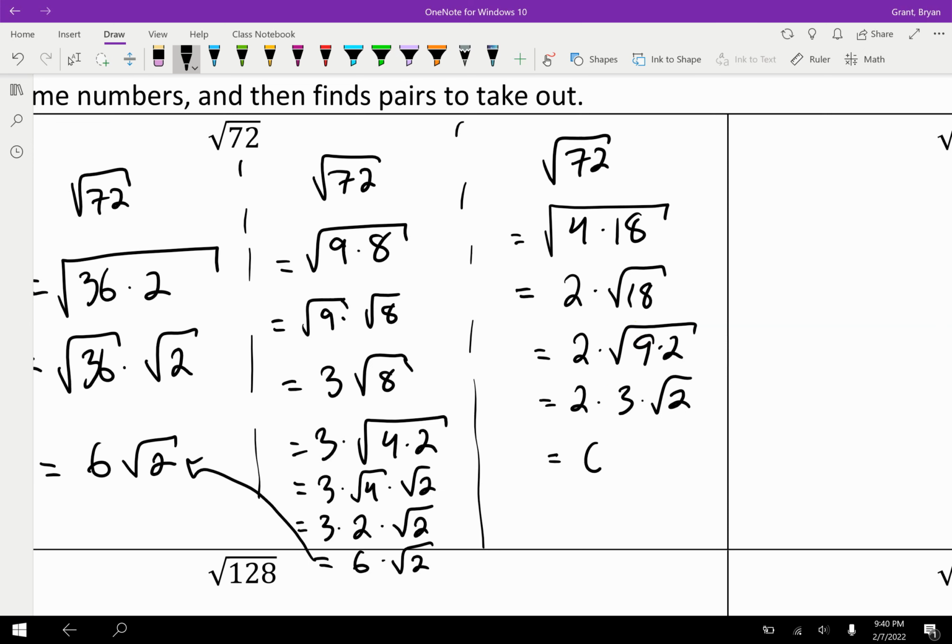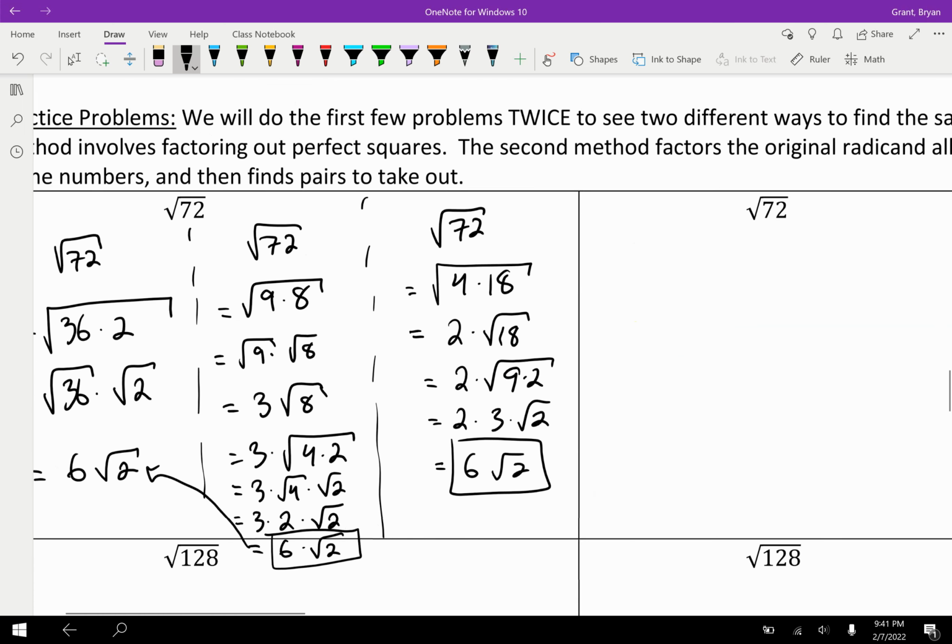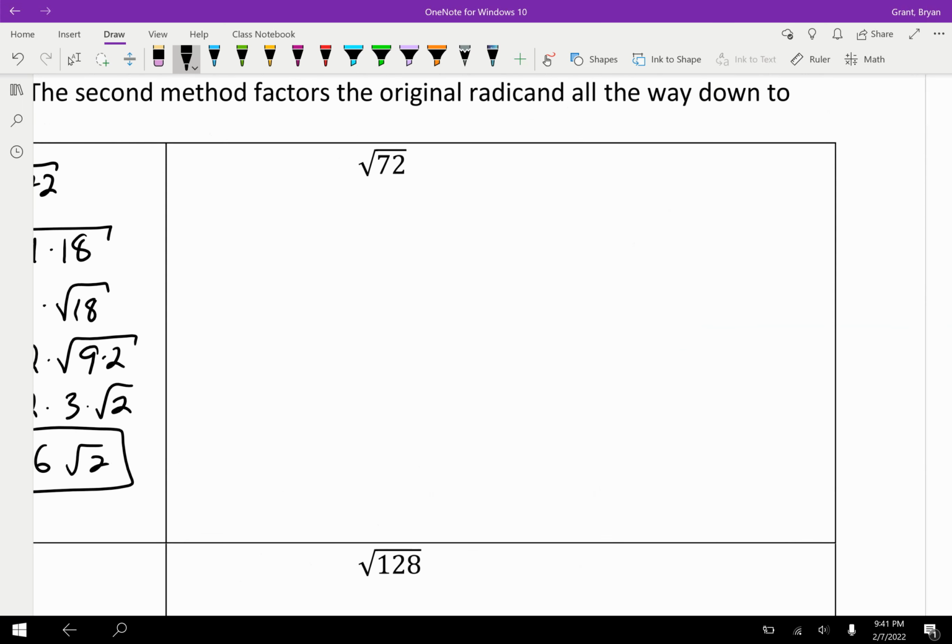And what is 2 times 3? That is 6. So we did this 3 different ways and came up with the same answer. Do you see that factor sheet might be a little useful for you if your multiplication facts are a little shaky?